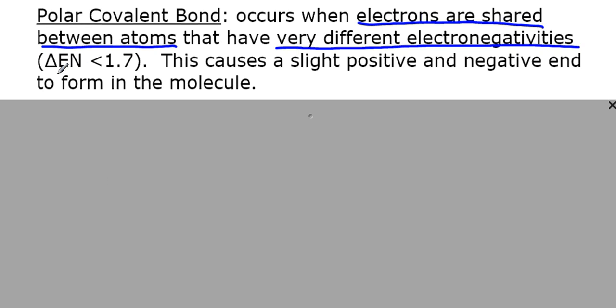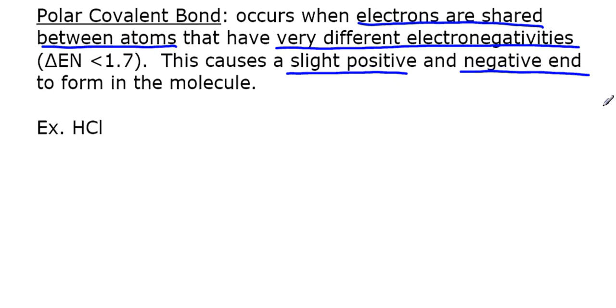If the difference in electronegativity is less than 1.7, it's considered a polar covalent bond. And what happens here is it causes a bit of a charge to form, a slight positive and a negative charge in the molecule. So let's walk through an example together so you can see what's going on.